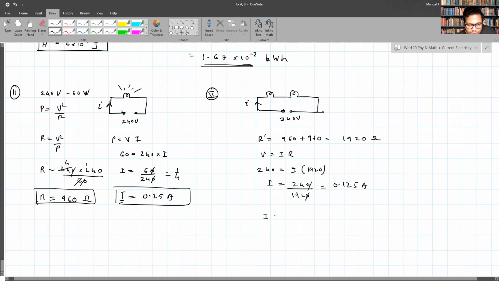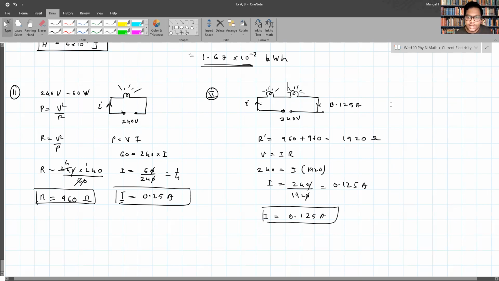So what is happening over here is because you have added to the resistance compared to the first part. Now the current flowing is 0.125 amperes, which is half the current that was flowing earlier. So the bulb will glow, but it will glow less bright.